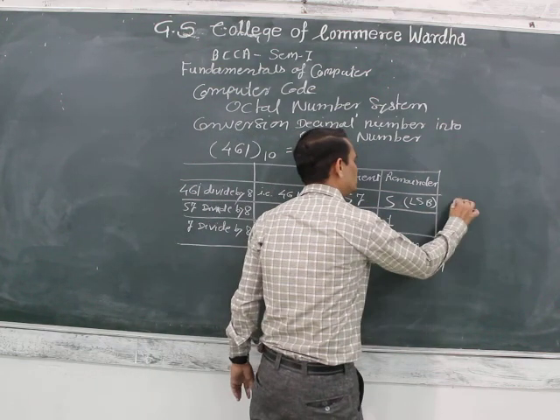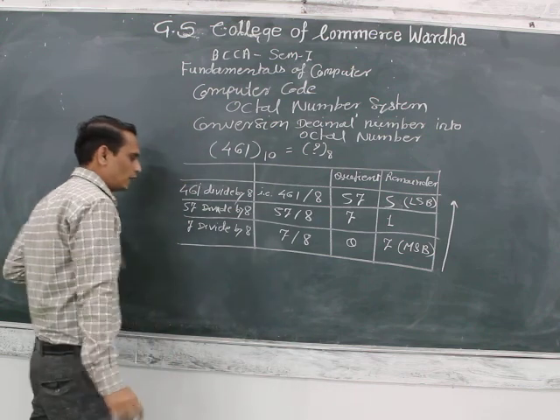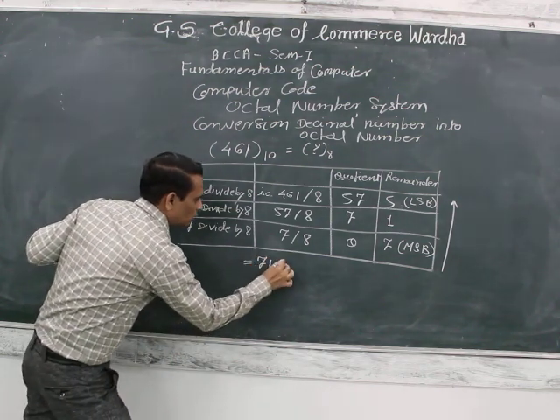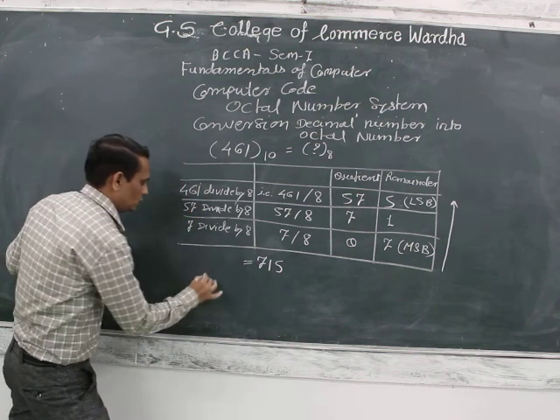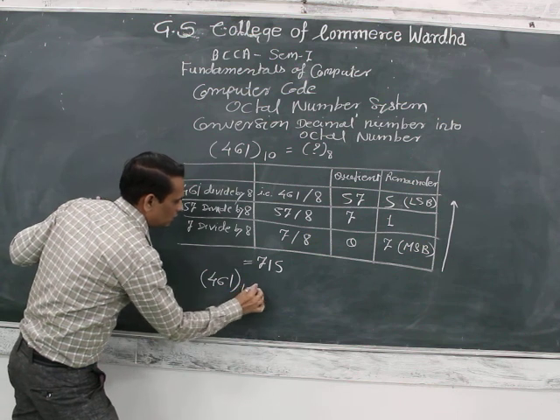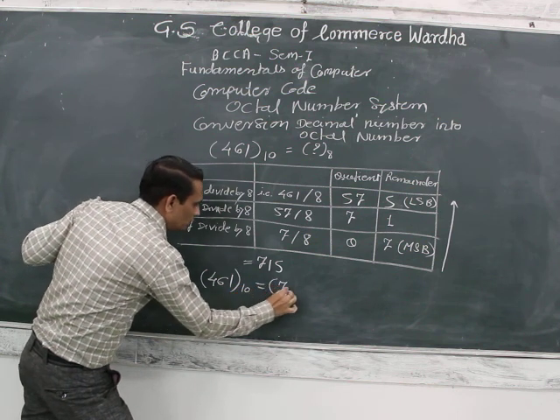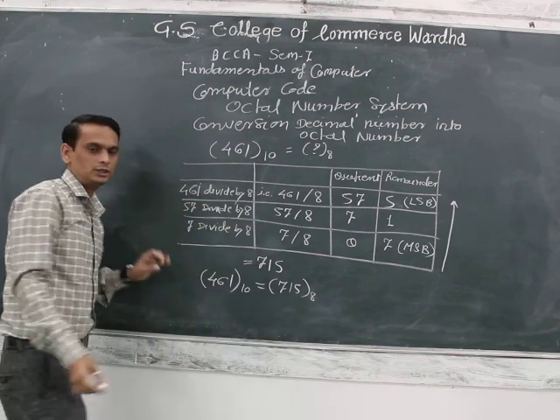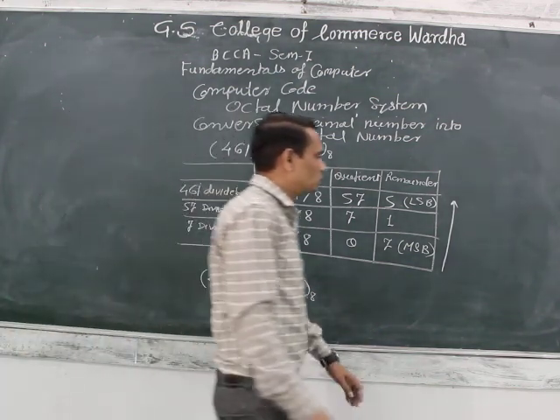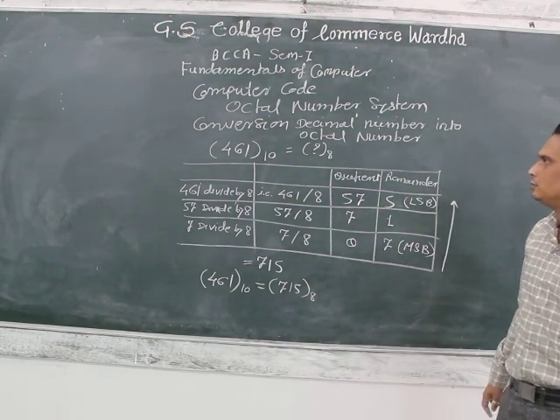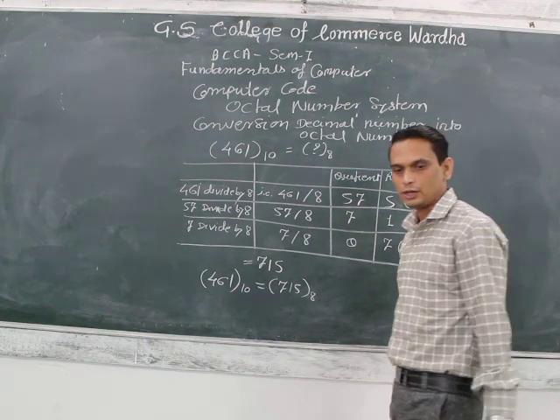So the value is 715. So 461 decimal equals to 715 octal. So this way we can convert a decimal number into an octal number.